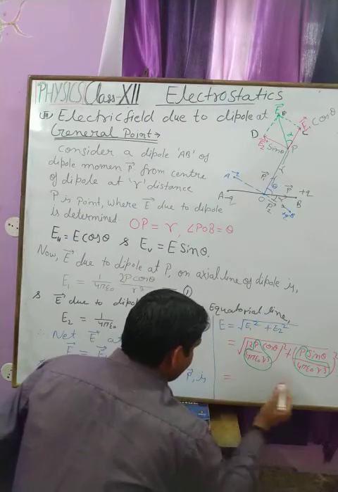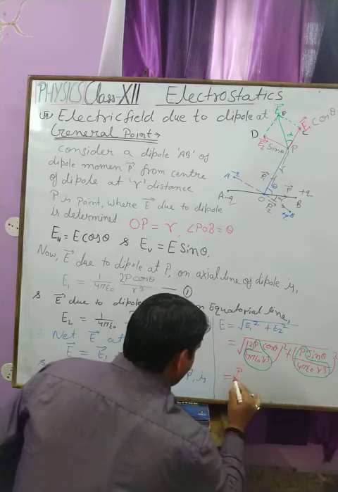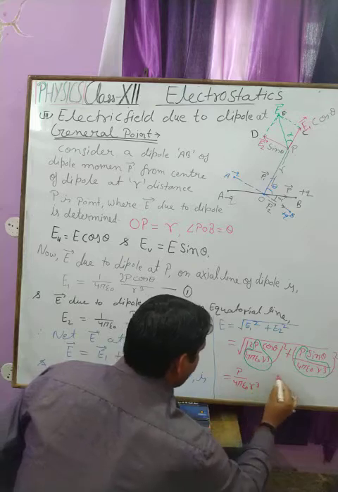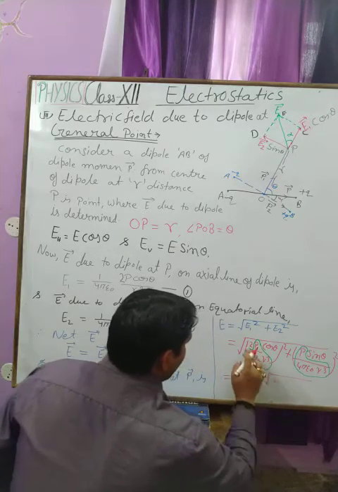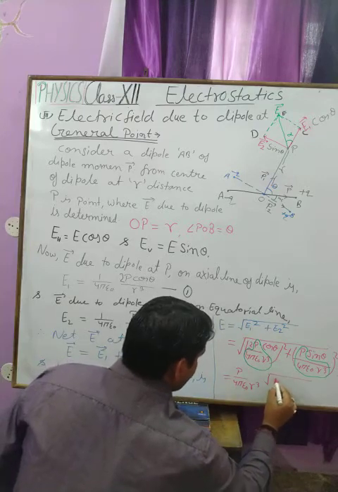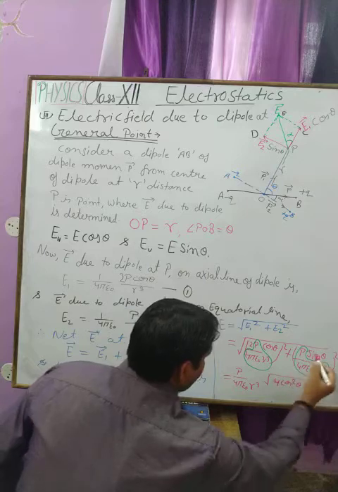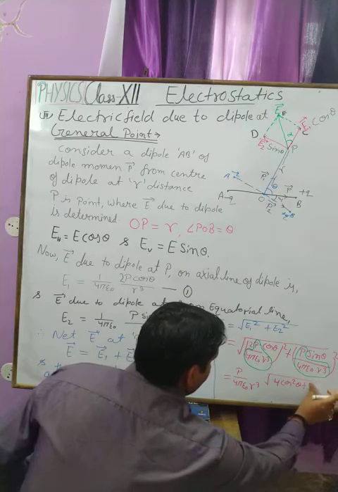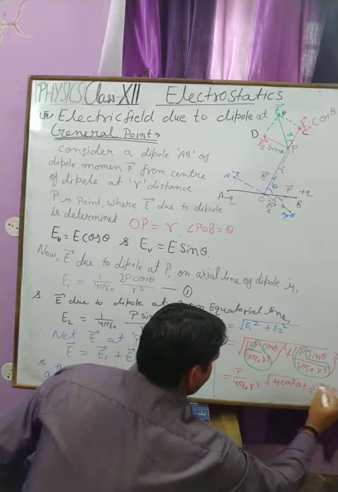So we are getting this value equal to p upon 4 pi epsilon naught r cube, under root, square of 2 is 4 cos square theta plus sin square theta.